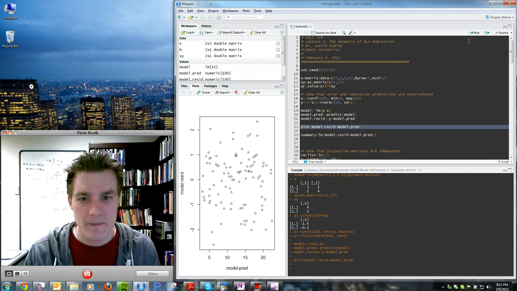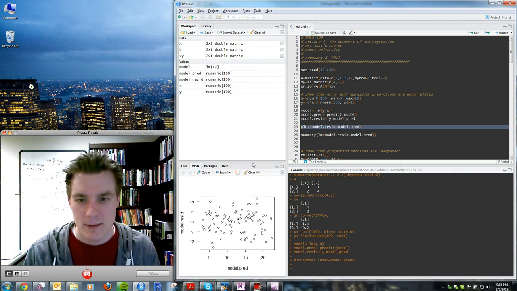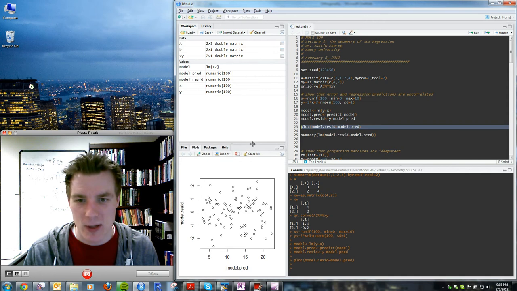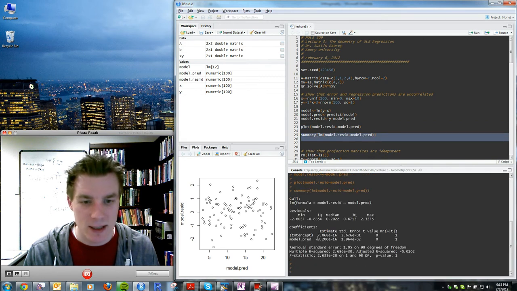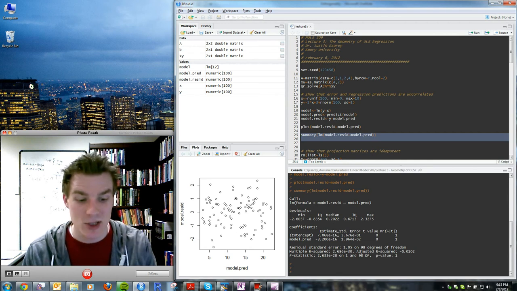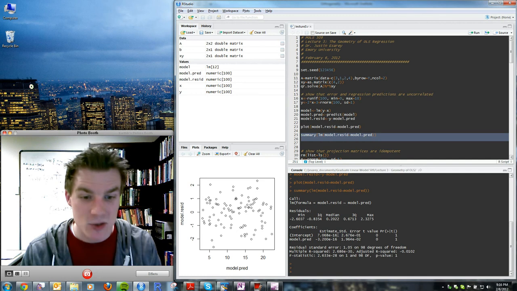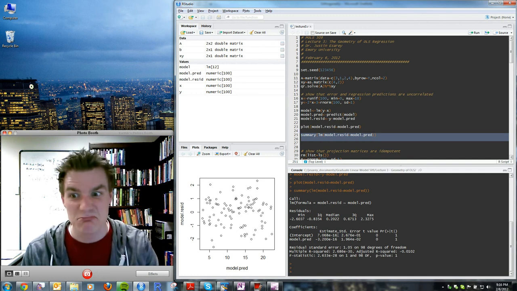There it is right there. Look what happens. I get what amounts to a 0 correlation, no correlation at all, which makes perfect sense given what I just said. And if I run a formal regression here, you can see that the coefficient on that regression is as close to 0 as I can pretty much get without it being 0 in machine language. You know, negative 3.2 times 10 to the negative 16th, that's 0.